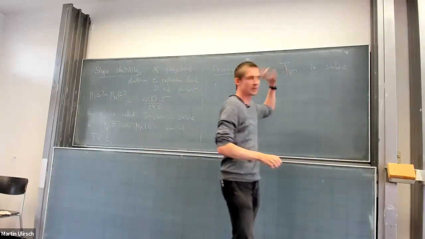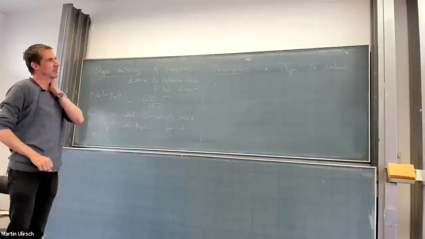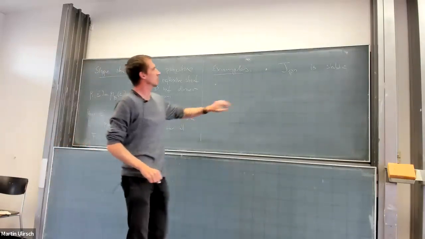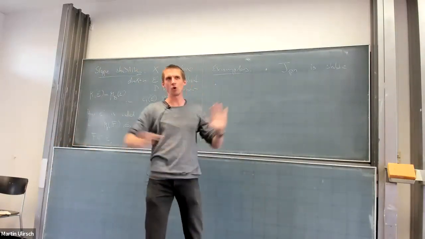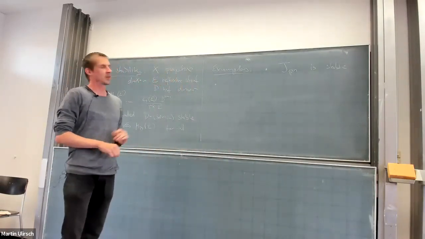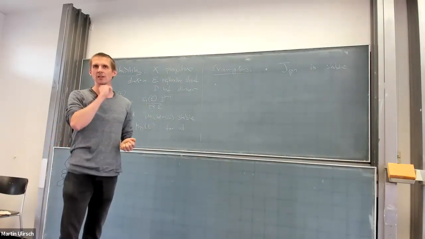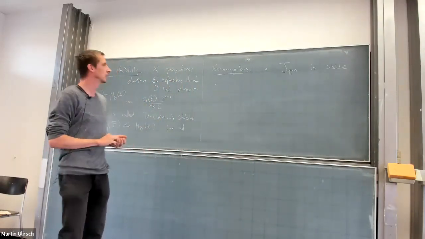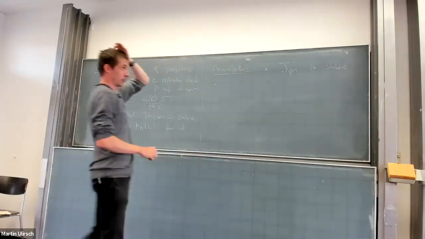There are many ways actually to prove this for this particular case. Let me just emphasize that in general, it's not so easy to show that something is stable, because you have to check all sub-objects. If something is not stable, it's usually much easier to show this. You just have to make a good guess of the sub-object. So in general, this is actually a problem to show such a statement.